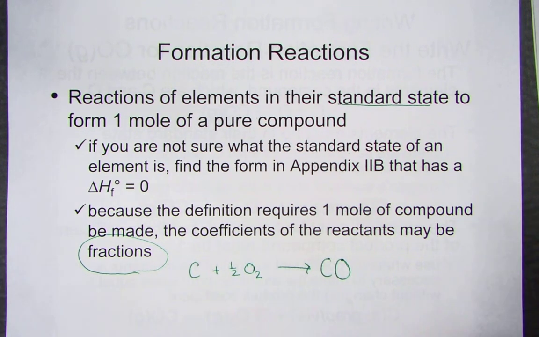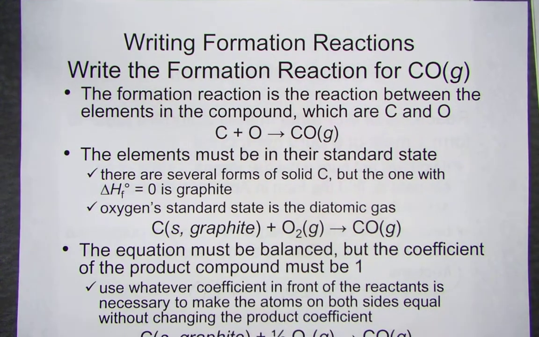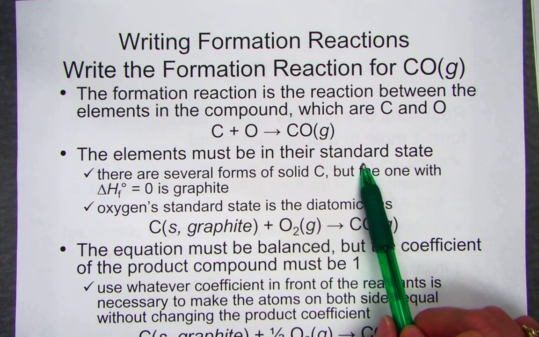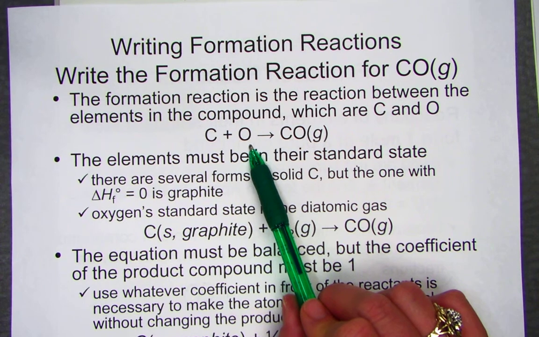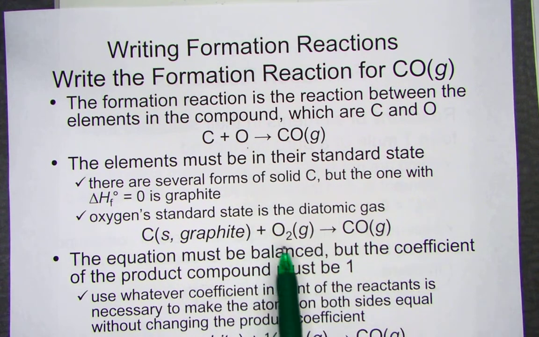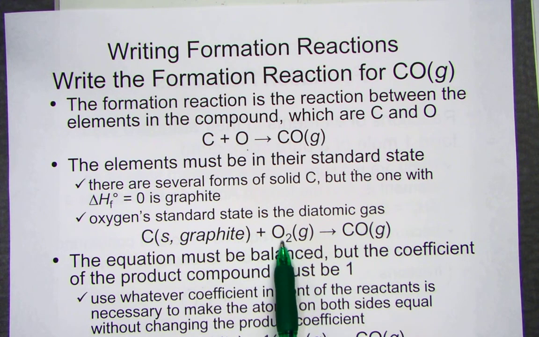So fractions are allowed, simply reading in terms of mole values. The formation reaction is the reaction between the elements in the compound, which are carbon and oxygen. But the elements must be in their standard state. We do not find oxygen as an atom in nature. It's too unstable.